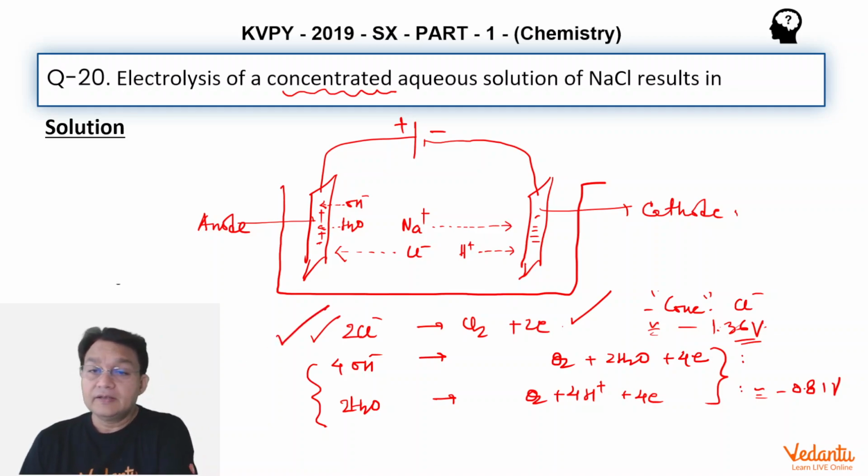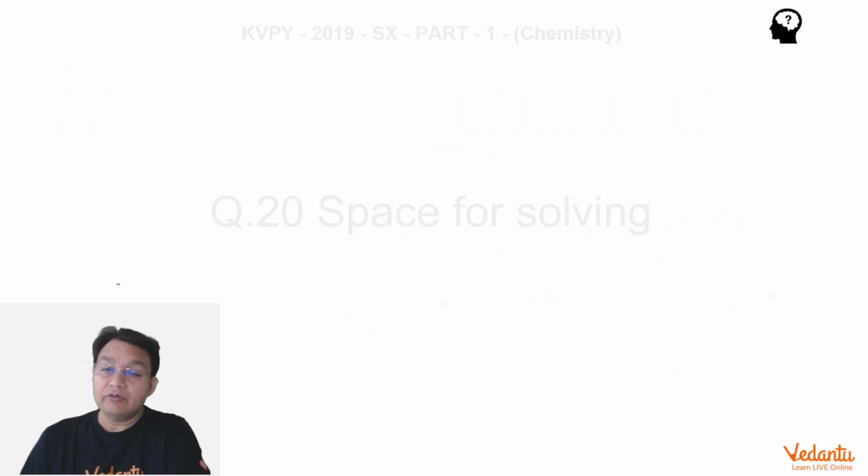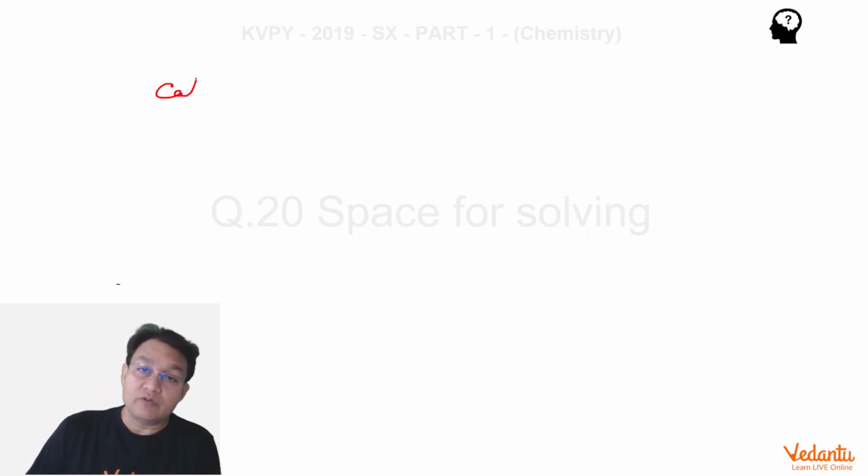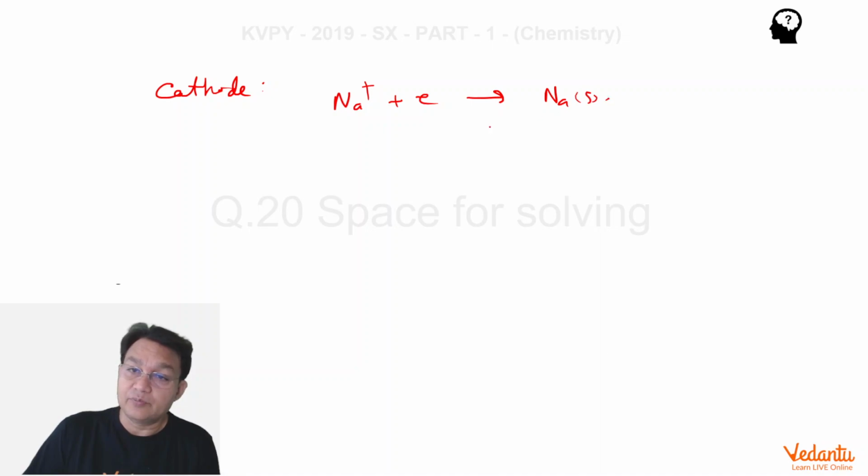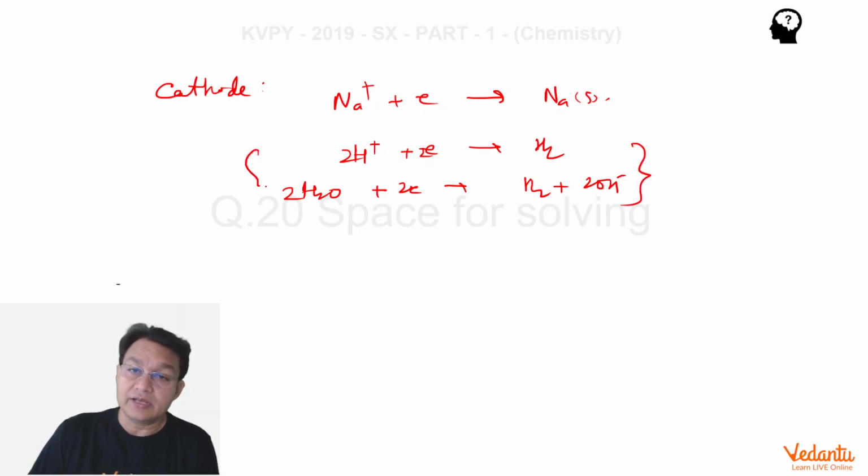At cathode, however, what's going to happen? At cathode, Na+ could get reduced to solid Na if it is possible, and 2H+ + 2e- changing into H2, or you can say 2H2O + 2e- changing into H2 + 2OH-. Both of these processes are equivalent.